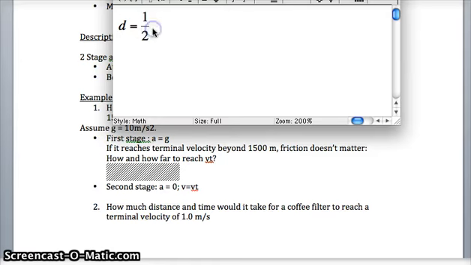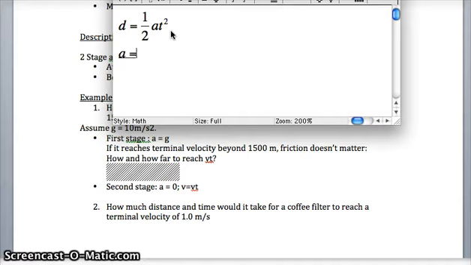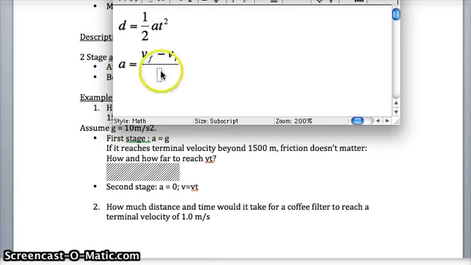The first thing we need to do is start with the second one.